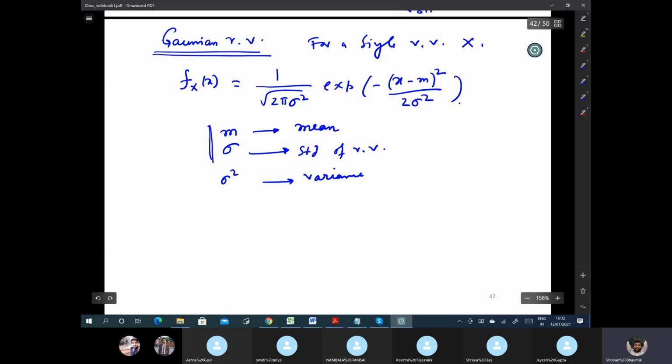So what is the meaning of mean? Same meaning. Whatever random variables you have, you take all the random variables. You cannot take all since it is continuous, but you take many random variables and then you do the average, you get m.